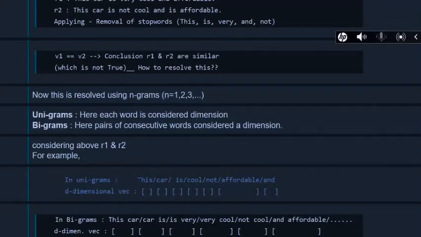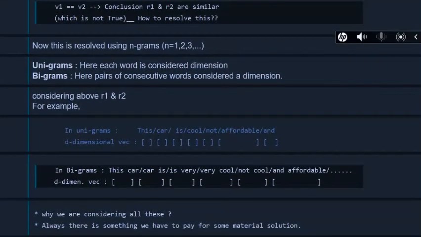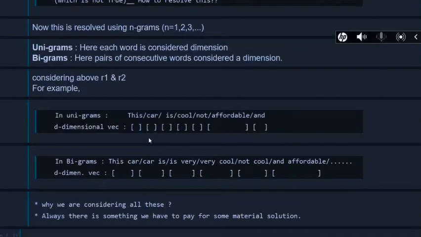We have different words from the review document: this, car, is, school. Each is one dimension.